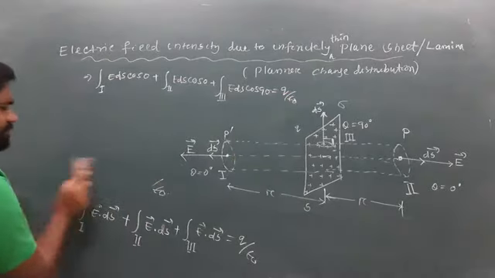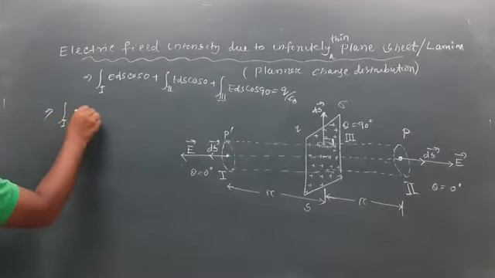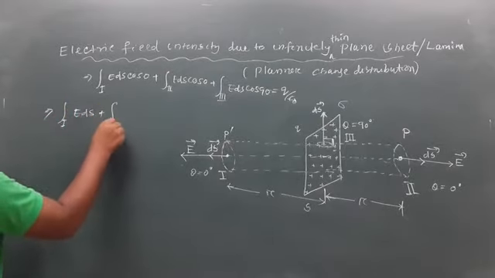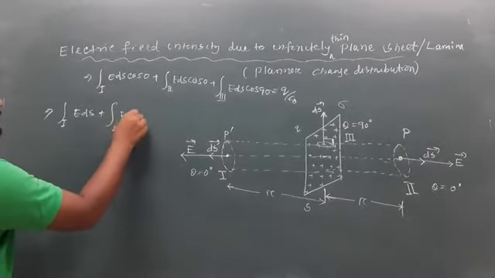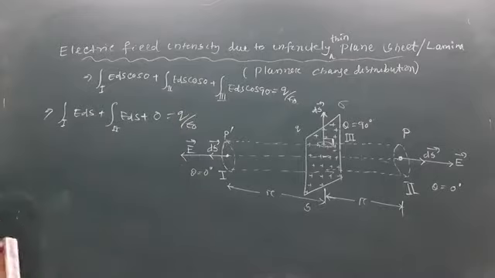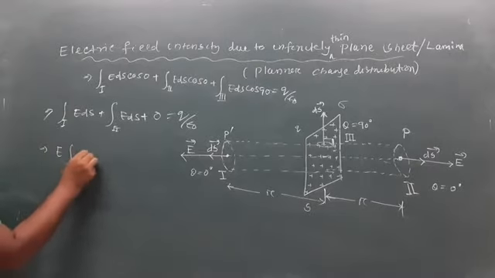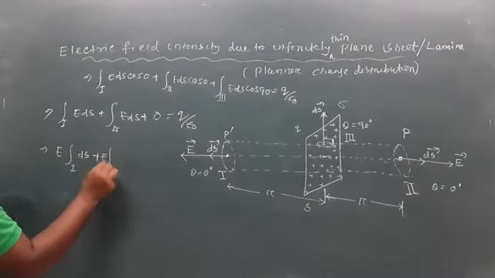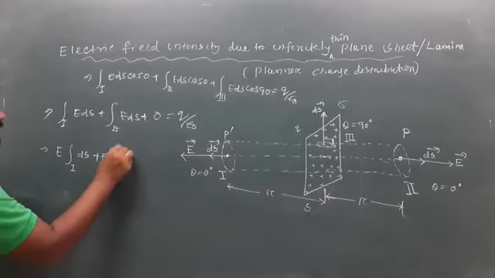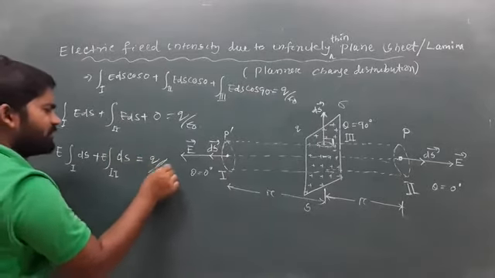So that's why integration over region 1 E ds plus integration over region 2, that is also E ds, plus 0 equals Q by epsilon 0. Okay, so take the electric field outside. So E integration over region 1 ds plus E integration over region 2 ds equals Q by epsilon 0.